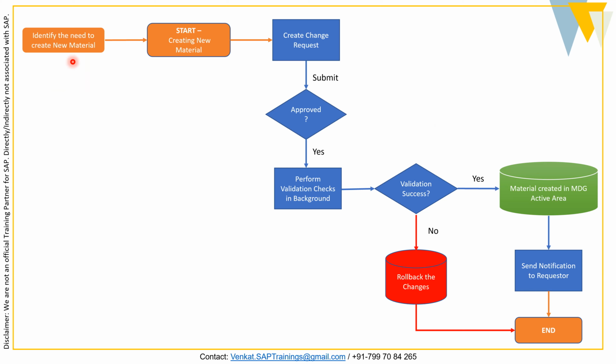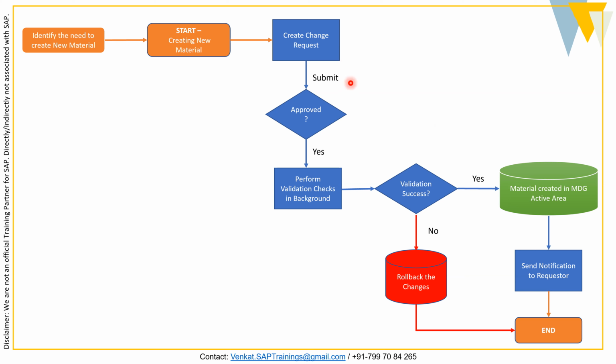So simply they can't go and create the material, right? If it is required, then only they have to initiate the process. Okay, the business identified the need, and then they initiated the process by creating a new change request.